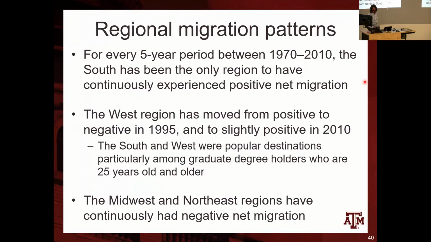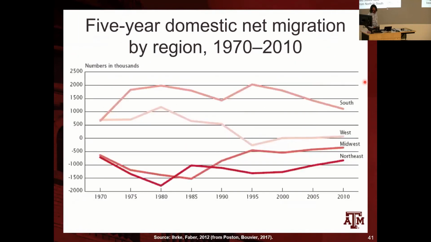And this slide here in words is just explaining the graph, showing that the South has been experiencing more people entering the region than losing. So all these numbers here are above 0. This is net migration based on 5-year domestic net migration by region.